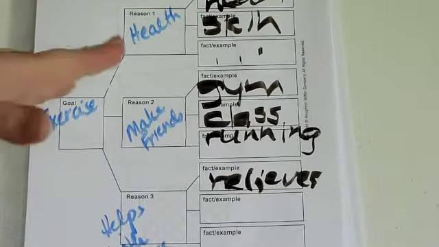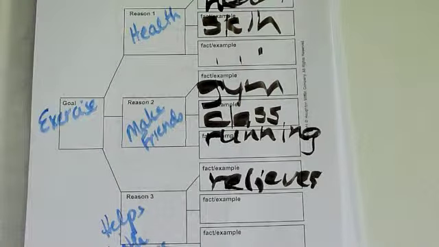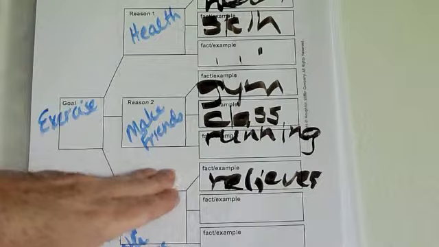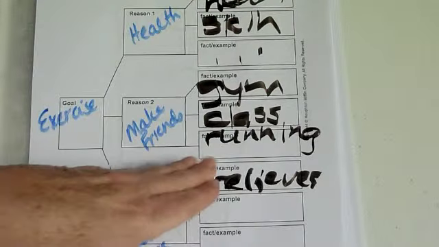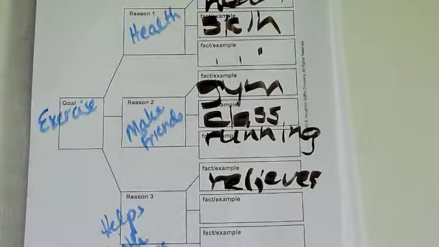And then your next paragraph might be all about health. The article told us that in health, it made your heart stronger, it made your skin better, it lowered your blood pressure, whatever the things the article said. And you would talk about that a little bit. And then your second paragraph or your third paragraph would be, you can make friends as you exercise.